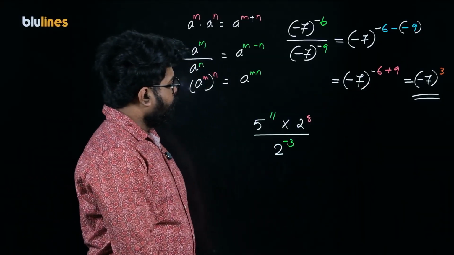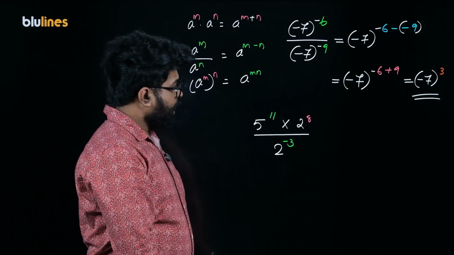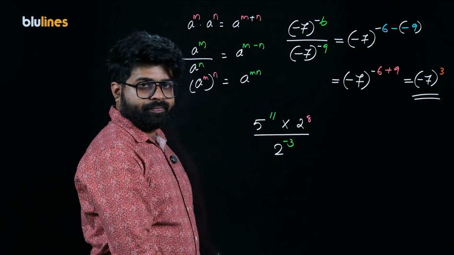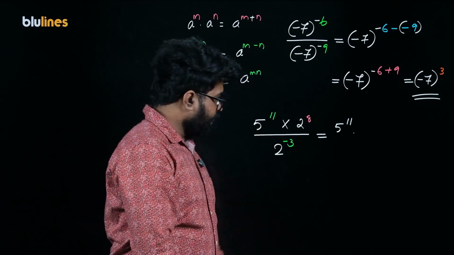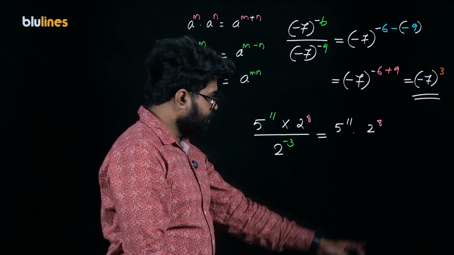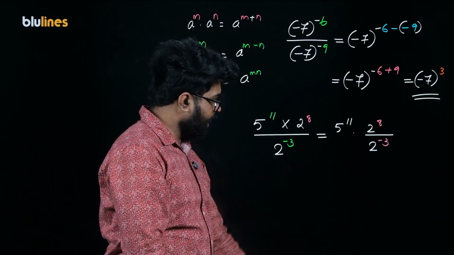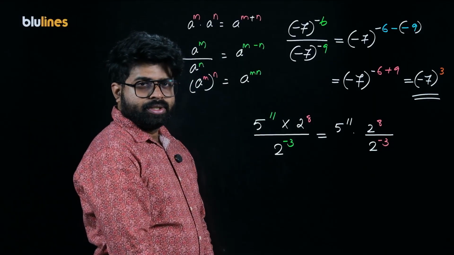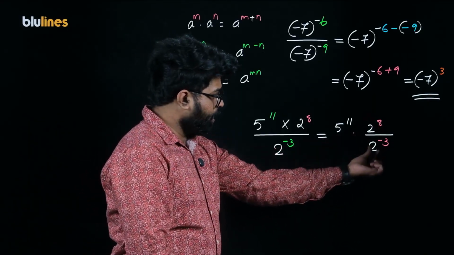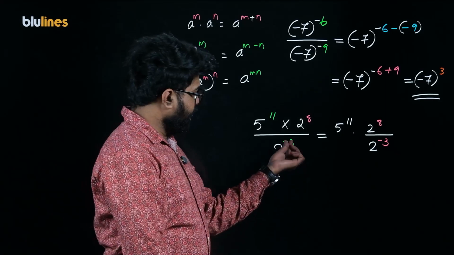Next one, 5 raised to 11 multiplied with 2 raised to 8 upon 2 raised to minus 3. So I can write this one as 5 raised to 11, this dot for me is multiplication, 5 raised to 11 multiplied with 2 raised to 8 upon 2 raised to minus 3. So now you know this is of the form a raised to m upon a raised to n, and here we have a negative 3.